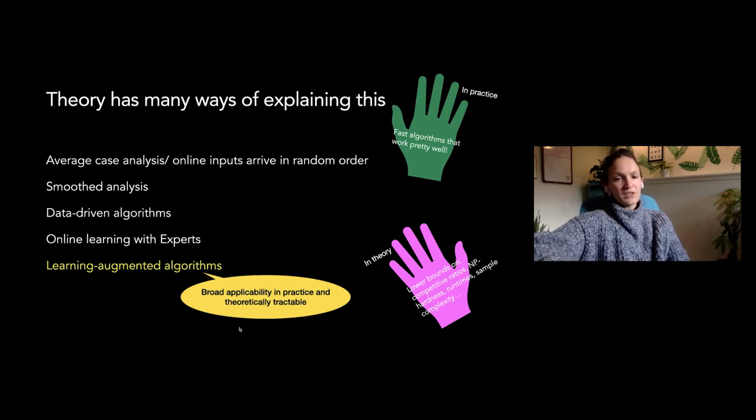And so learning augmented algorithms fit into the same scope as these different models, but I hope to explain to you today why learning augmented algorithms can capture a very broad range of classes of problems in practice, as well as be theoretically tractable. Learning augmented algorithms is a little bit newer on the scene, with the first papers coming in maybe 2017, 2018, but there's still a lot of room to be done with it.